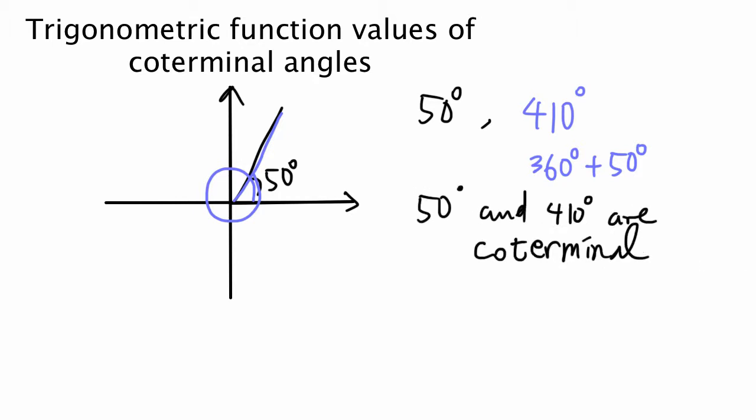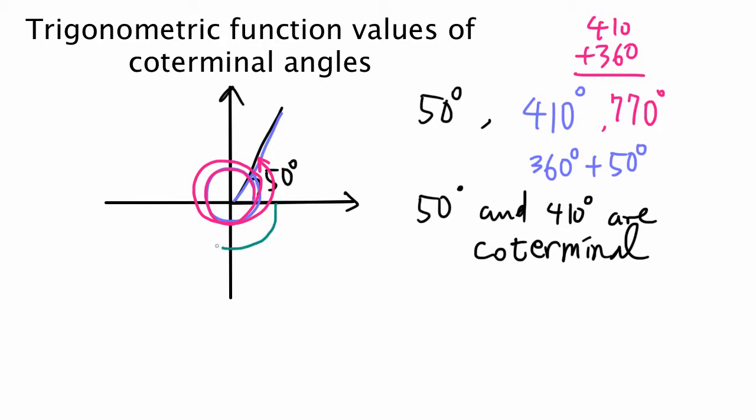In fact, there are more coterminal angles. For instance, if you go out one more time, 410 plus 360 more, you're going to get 770 degrees. So this is another coterminal angle.